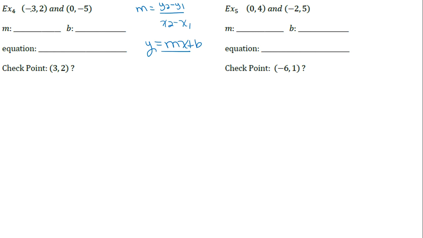We see the 2 points that are given, and the first thing that I do notice is that I have been given the b value, the y-intercept, because x is 0. So my b value is -5. Now let's find slope.